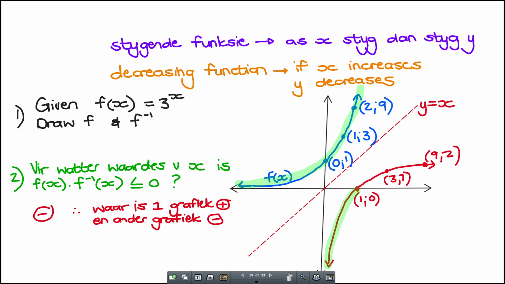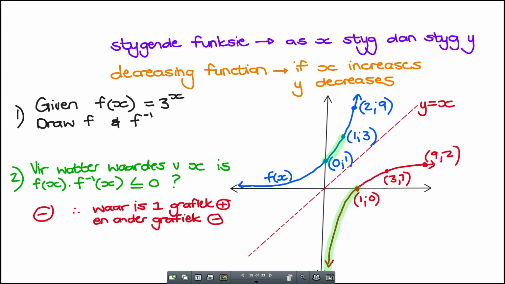But now, does this part here count? No, because there's no graph there. Okay, so basically, let me quickly mark it, I know I'm going to use that. And then this one will now be from there up to where x is 1. Do you see it? Does that make sense to you guys?